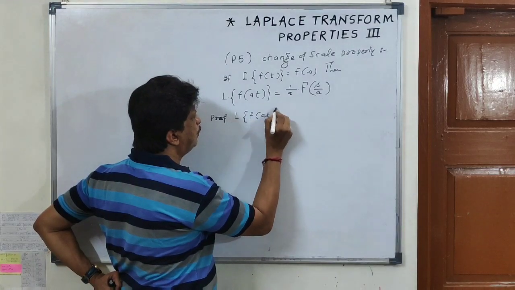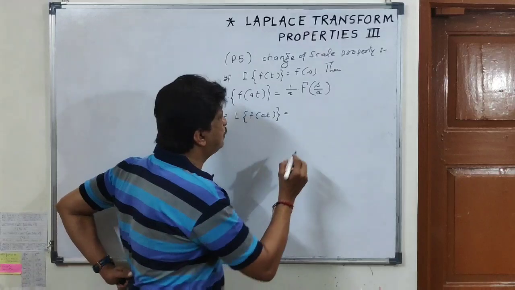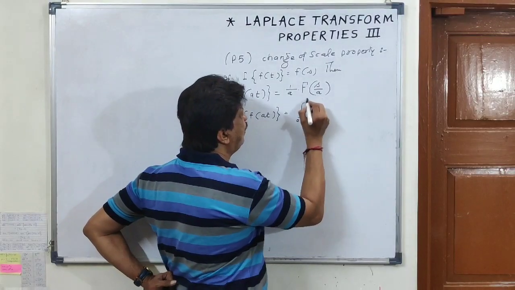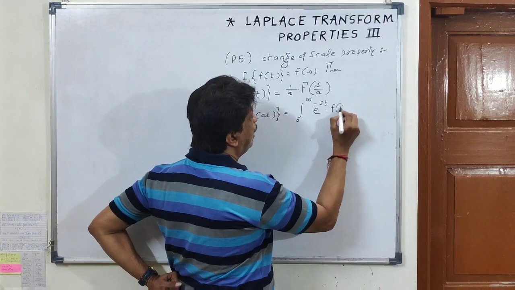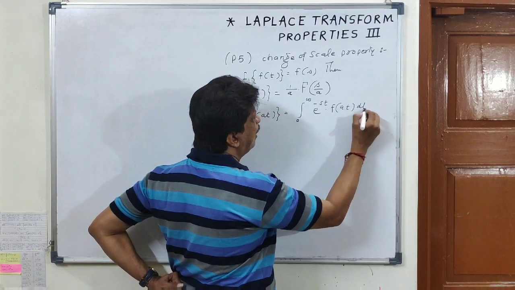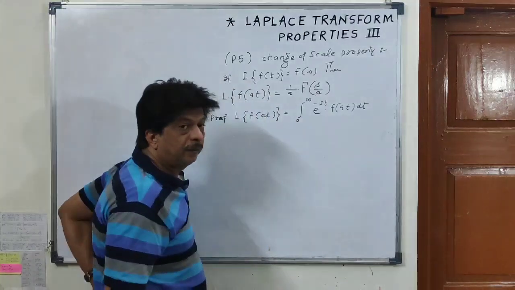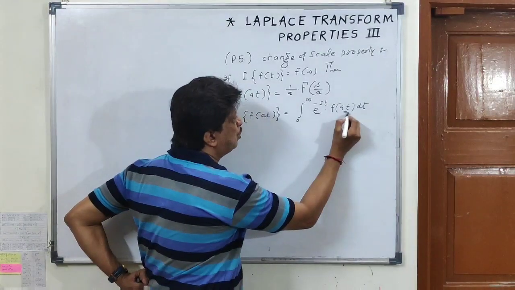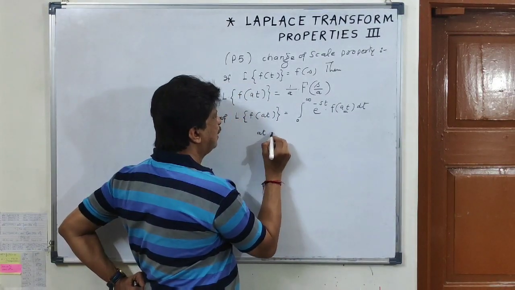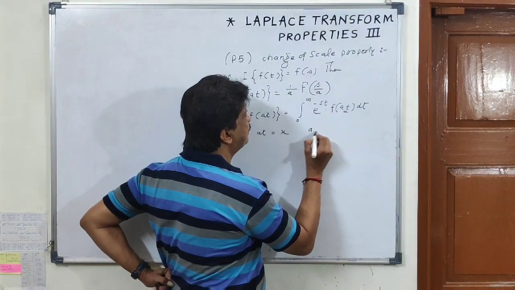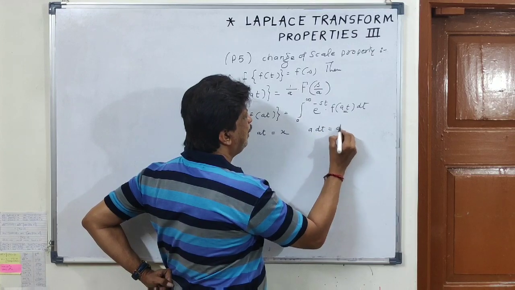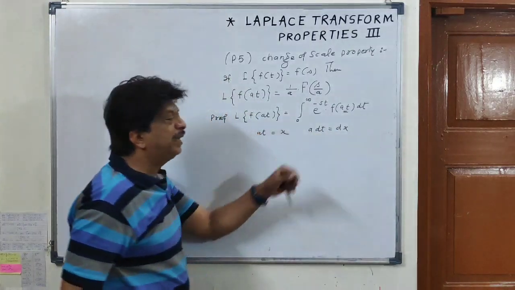Very simple. By definition, integral 0 to infinity e raised to power minus st into f of at dt. Put this at is equal to say x. So a dt is dx, or dt is equal to dx by a.